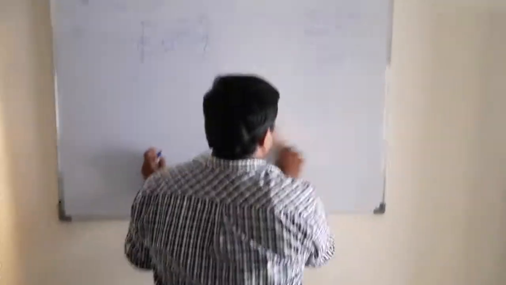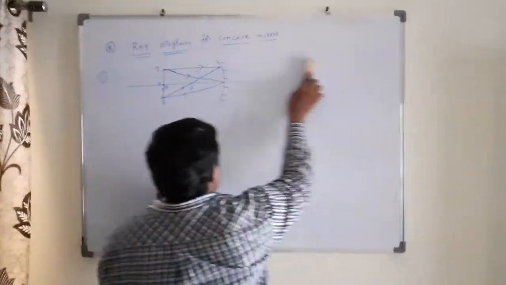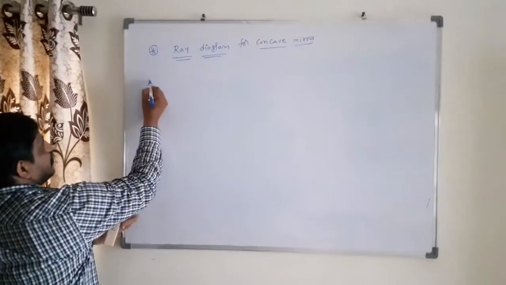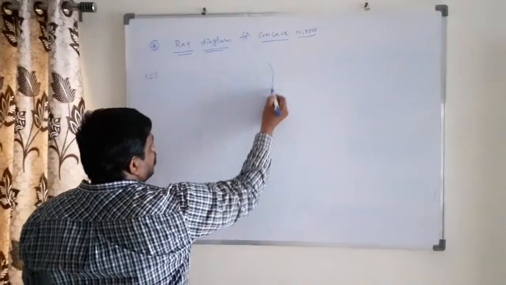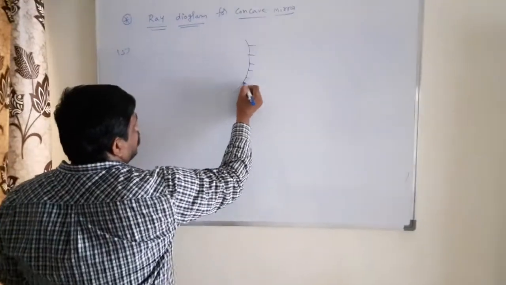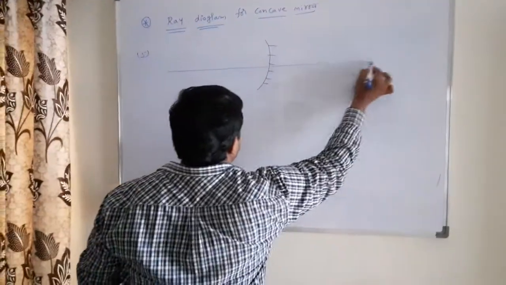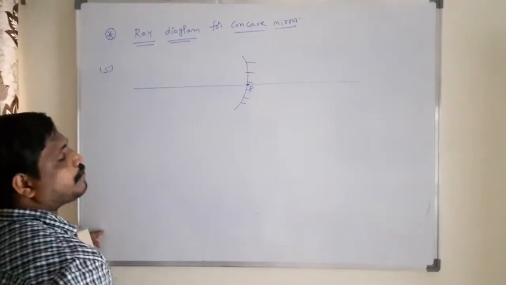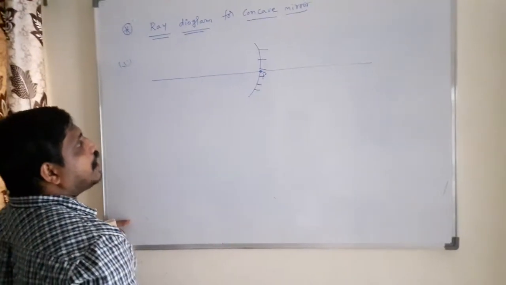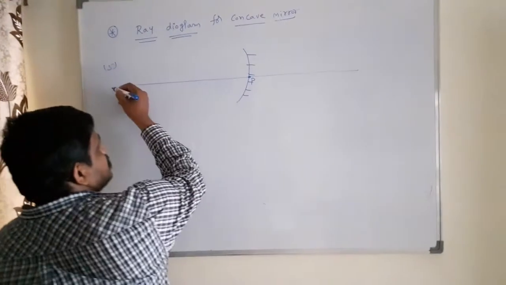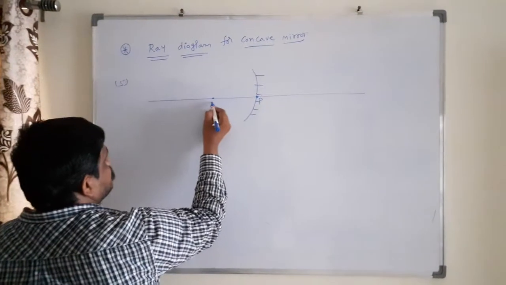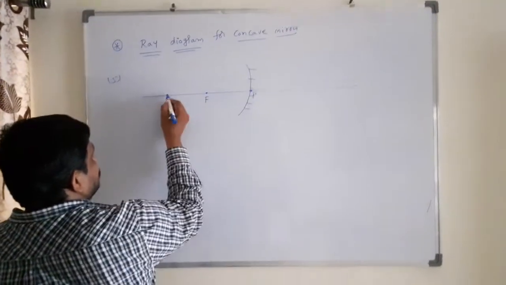The fifth diagram is, look here. This is the concave mirror. This is called the principal axis. This is called the pole, the center point on the mirror. This point is called the principal focus, and this is called the center of curvature.